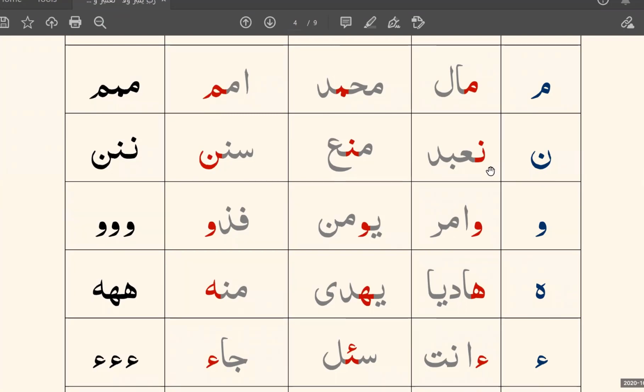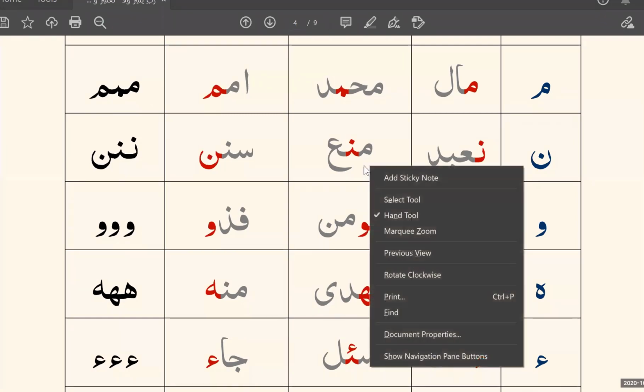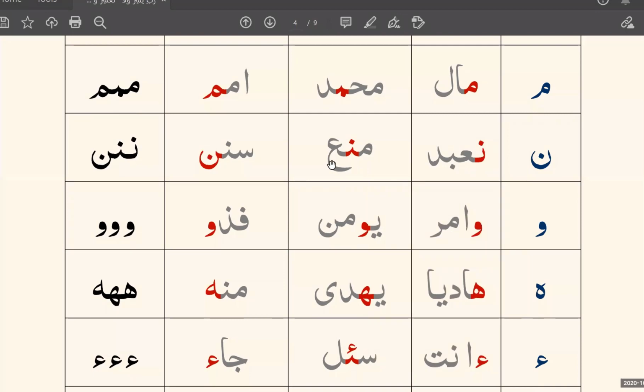Noon, ba, ain, noon, ein, ba, dal, mim, noon, ein, sin, noon.